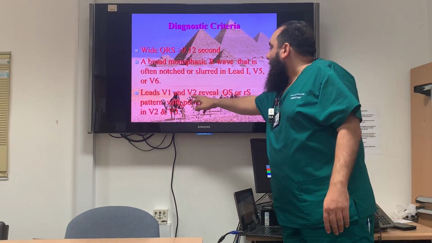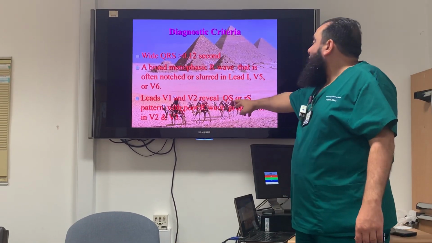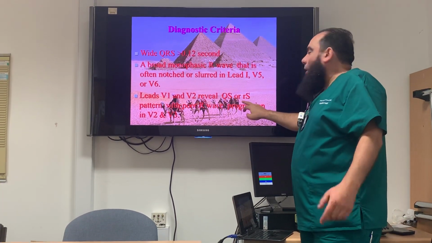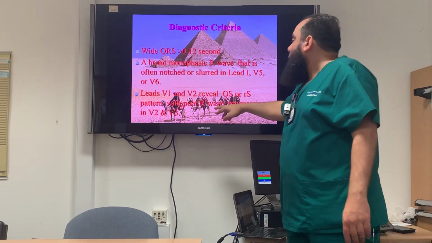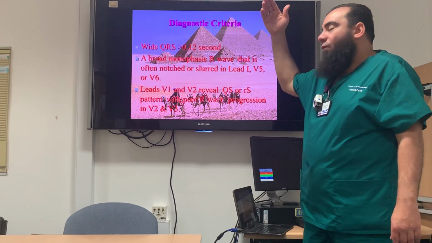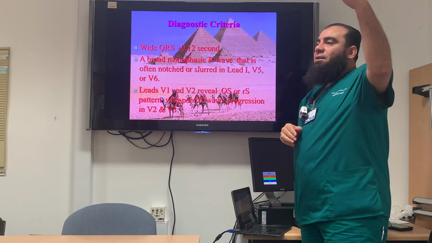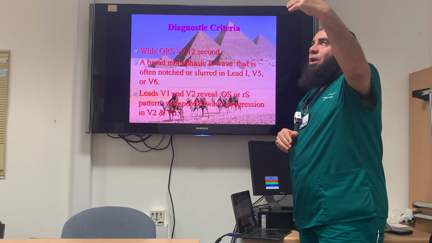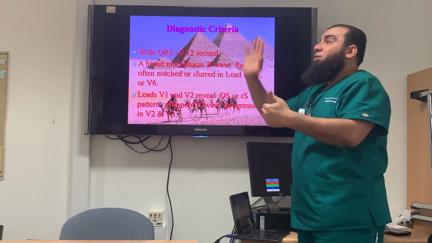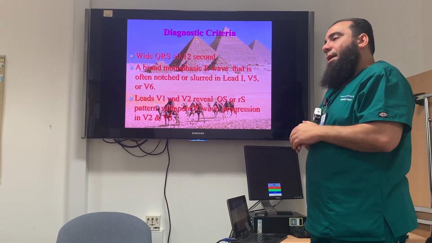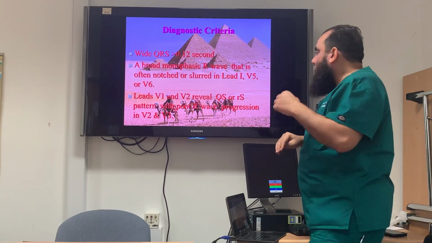Lead 1 and leads V1 and V2 reveal a QS or RS, big S with small r pattern, with poor R progression from V2 to V3 and V4. So we'll find negative V1, 2, 3 up to 4, then positive 5 and 6 with a large notch in V5 and V6.